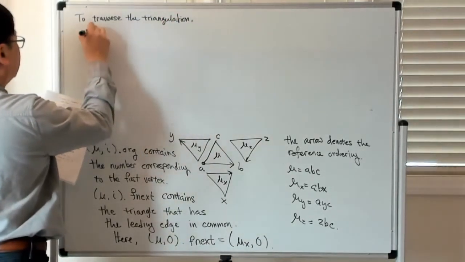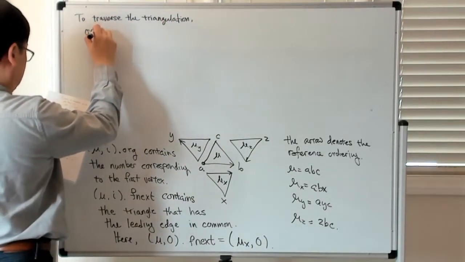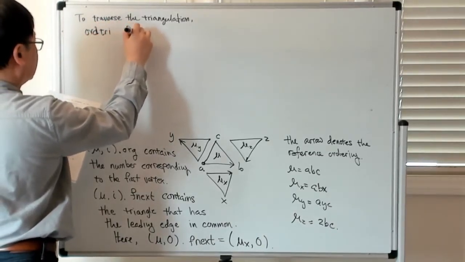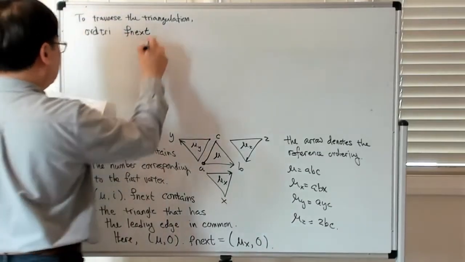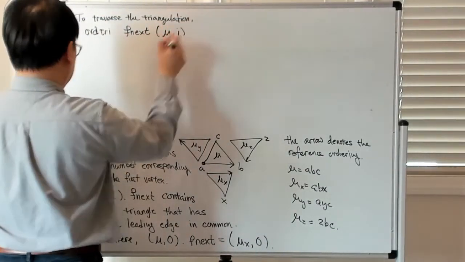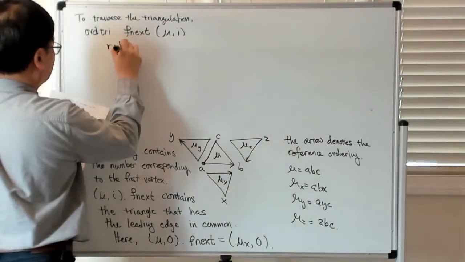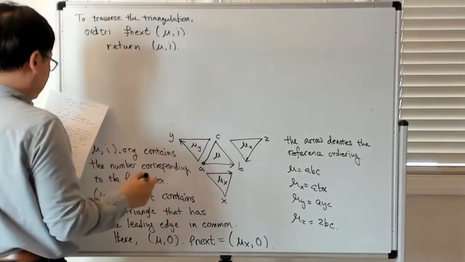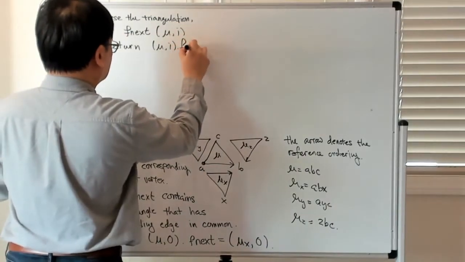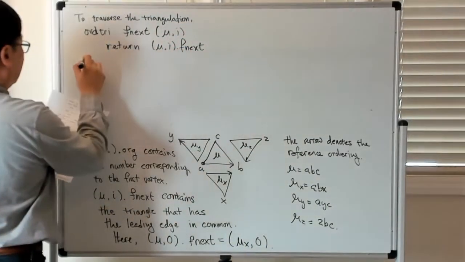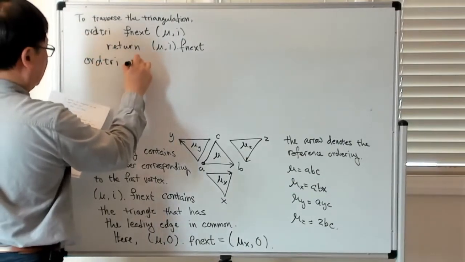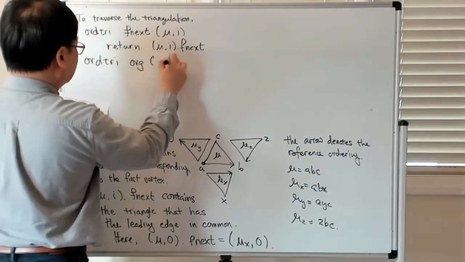We need to return, again, an ordered triangle, f next, which is the next face, if you will, for mu I, and that's only just returning the internal data which is in the data structure. And then the same thing for the origin. It just returns the origin.